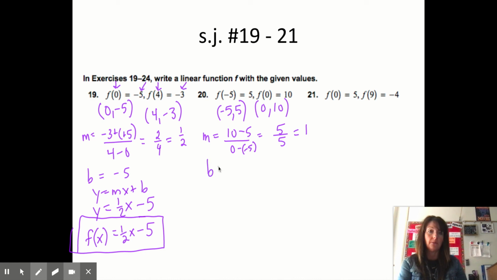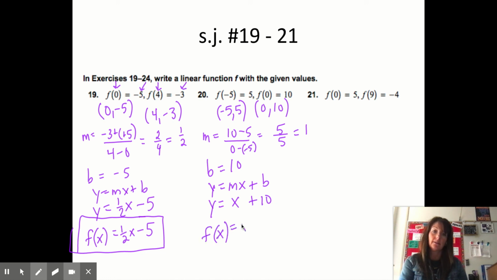Your y-intercept is the y value when x is equal to 0. Put it into slope-intercept form. Substitute in for m and b. And then change your notation to f of x. Okay?